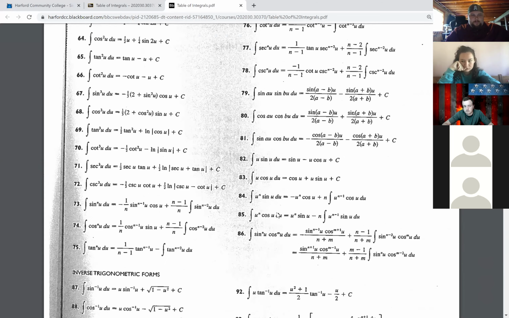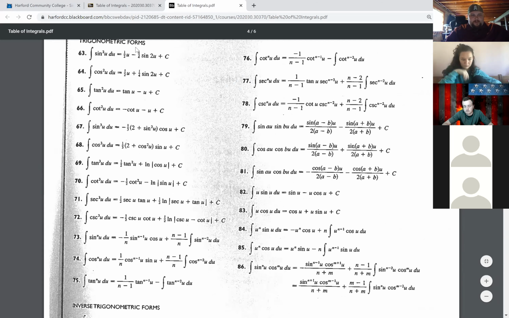Okay. So here are the forms that are trig forms. And as I said, there's sine squared, there's sine cubed, but after the cubes, you have to use the nth power. So for this first problem, we have to start with number 73.